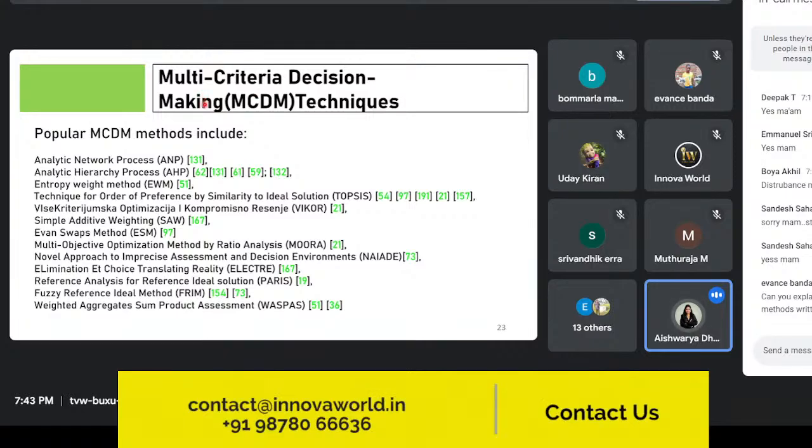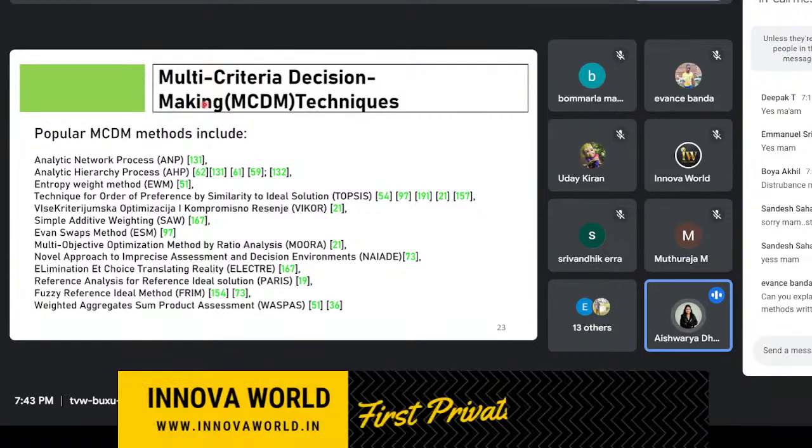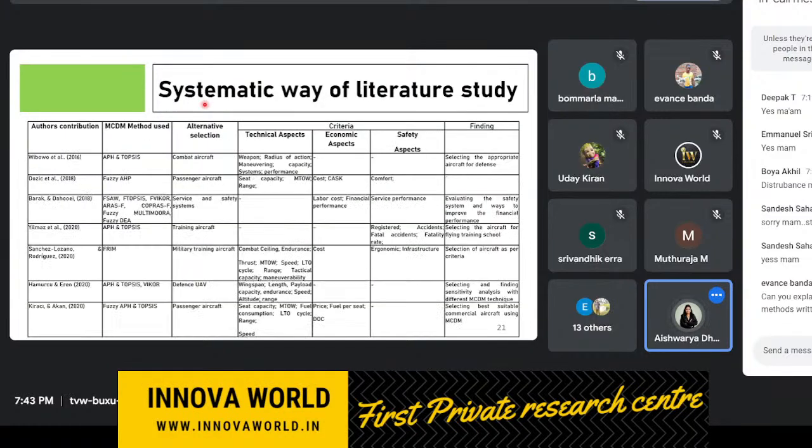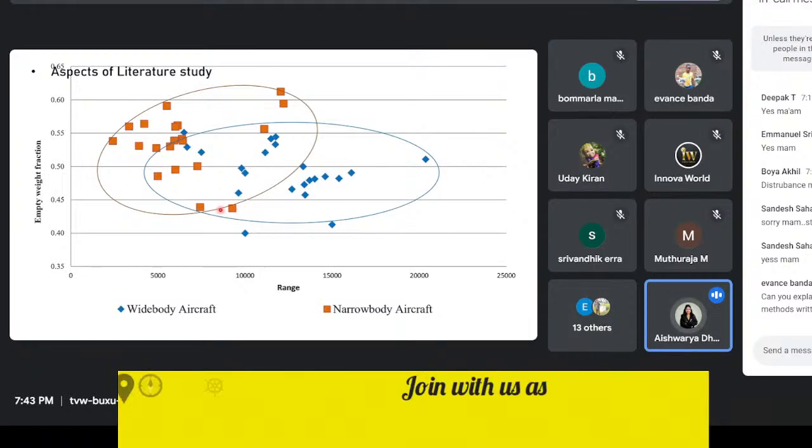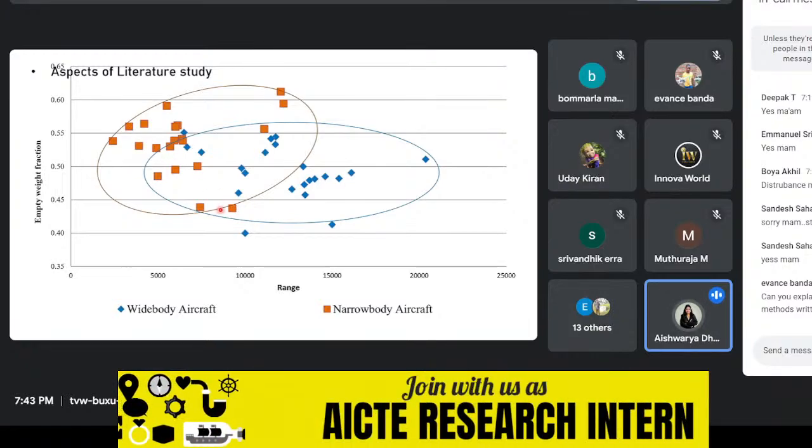You have to decide which parameter you have to take. For example, suppose I have to make a regression to see how these parameters are correlated. Regression means correlation. And what does correlation mean?